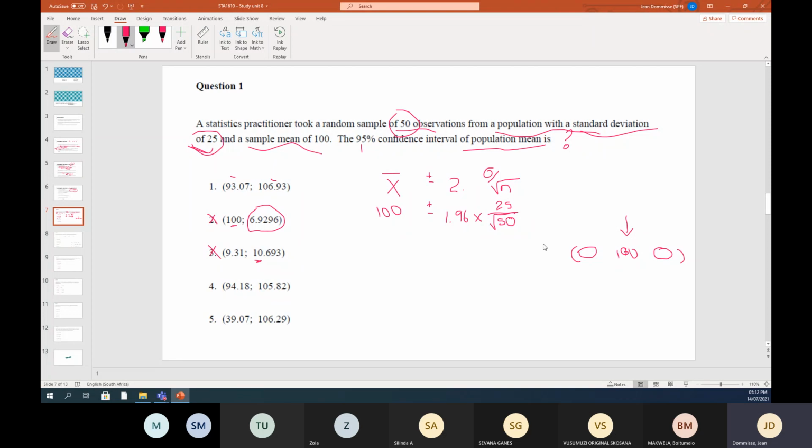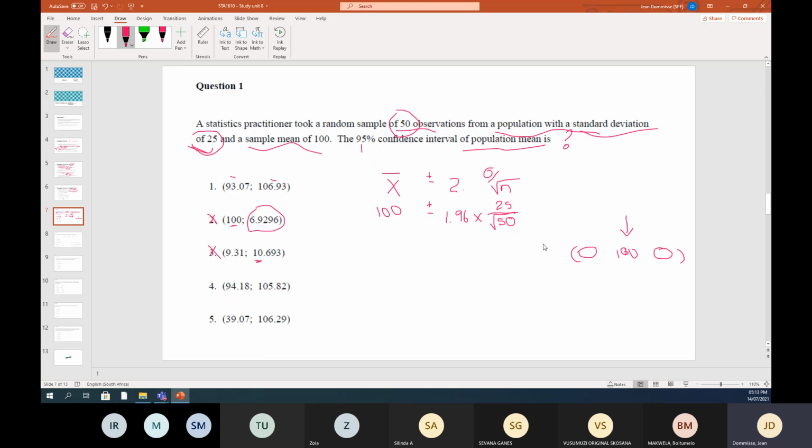Okay, so I want to see where is my calculator. Who has played with my calculator that it is gone? Okay, so basically 25 divided by the square root of 50. Depending on the calculator that you use, you must just follow the right sequence of how you type it in.